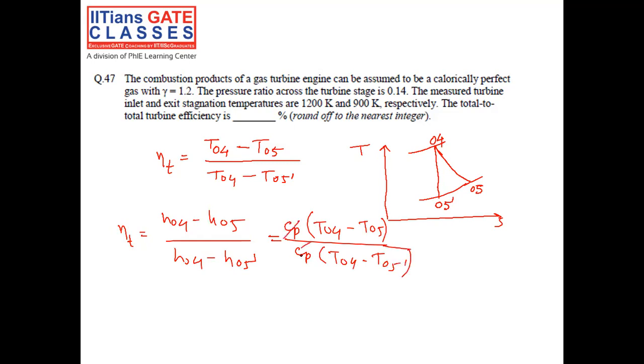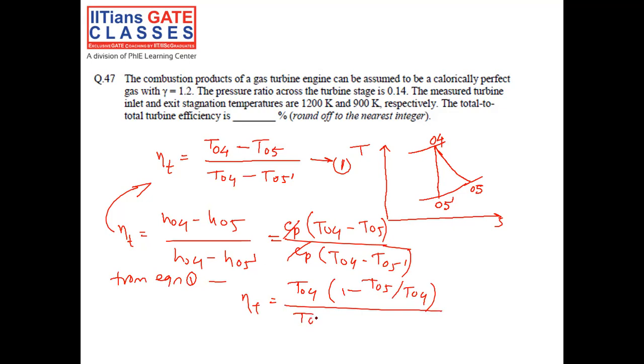So Cp will get cancelled, and this leads to the form TO4 minus TO5 by TO4 minus TO5 dash. Let's say this is equation 1. So from equation 1, eta T is 1 minus TO5 by TO4 divided by 1 minus TO5 dash by TO4.